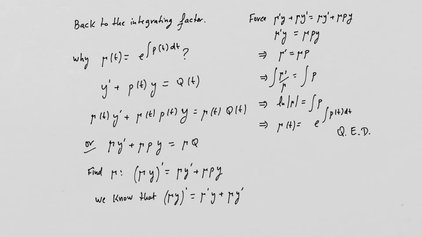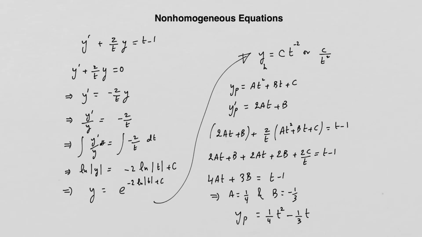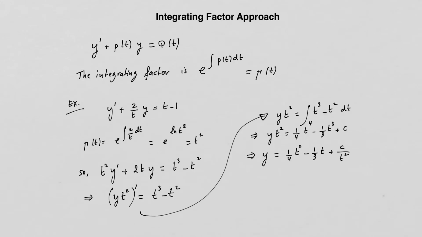Okay, so now I want to show you a quick shortcut on how to avoid going through this entire process. I mean, you still would need to know what this is, but you don't want to go through the steps. You want to go from the ODE directly to the solution, but you don't have to go through all of these steps.